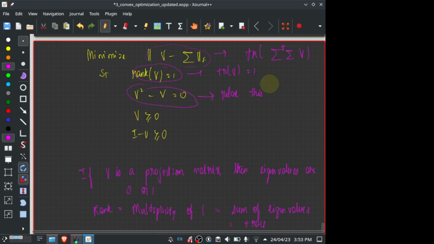Why did we relax? Well, effectively, I have an equality constraint, which I don't want to keep over here. Does that not affect the answer? As it turns out, it doesn't.